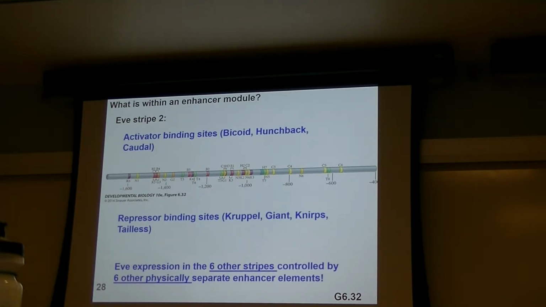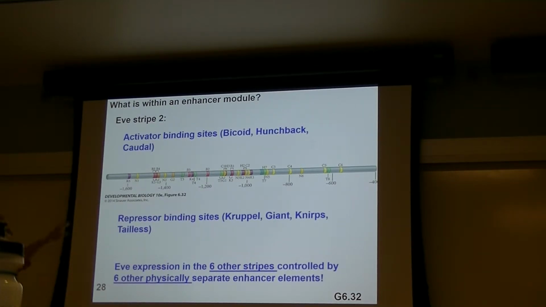It's kind of complicated looking, but each one of those little colored bars is now the specific and small recognition site for each transcription factor. So you could recognize a lot of B's in there. Those are bicoid binding sites. They may only be 4 or 5 base pairs wide, but that's what bicoid recognizes when it's scanning around promoters and enhancers, and if it finds it, it'll find that place.